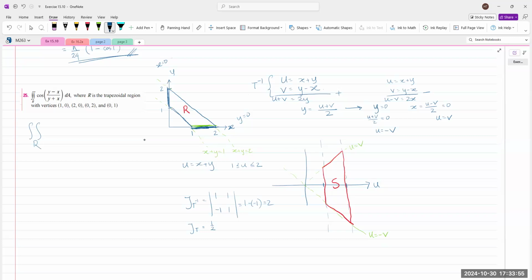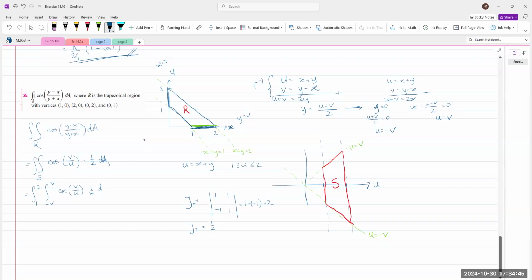So the double integral over region R of cosine of (y minus x) over (y plus x) dA, after change of variable, becomes the double integral over region S of cosine of v over u times 1/2 dA, which is the integral from 1 to 2 from negative v to v of cosine of v over u times 1/2 dv du.